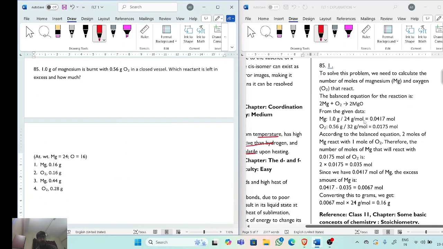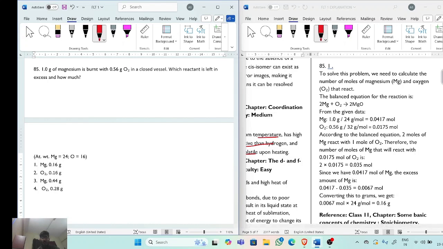Now question number 85. 1 gram of magnesium is burned with 0.6 gram of oxygen in a closed vessel. Which reactant is left in excess and how much? This question can be answered using basic stoichiometric calculations. Basically this is a limiting reagent question.